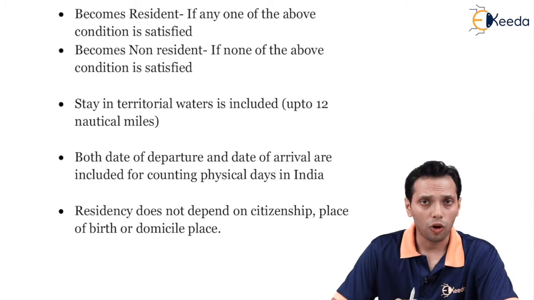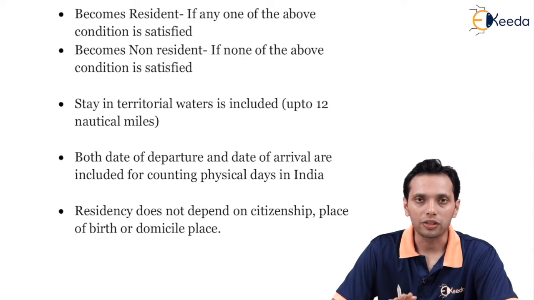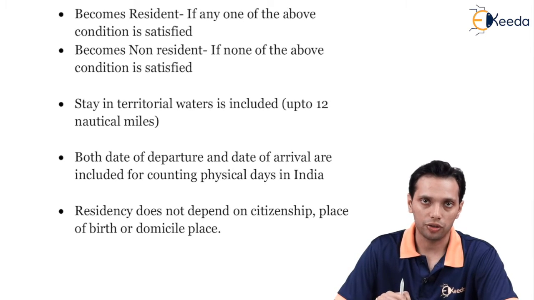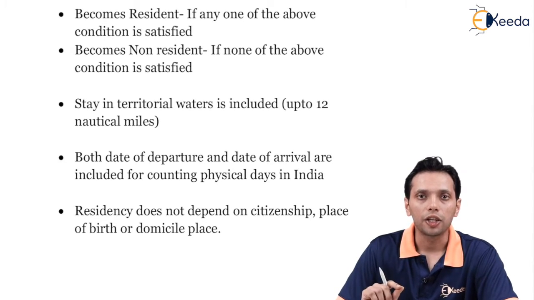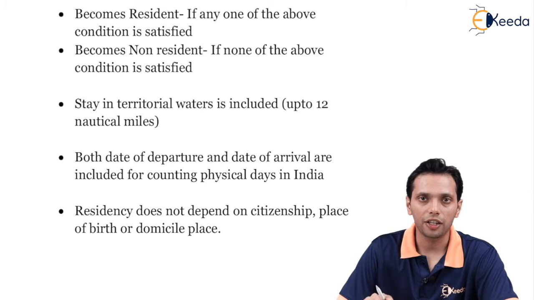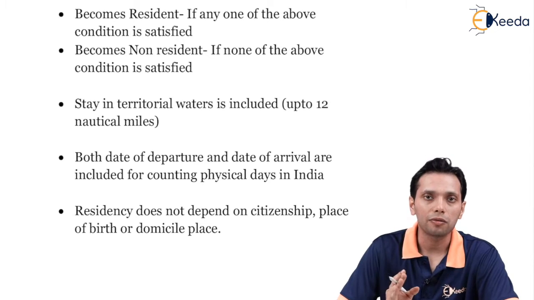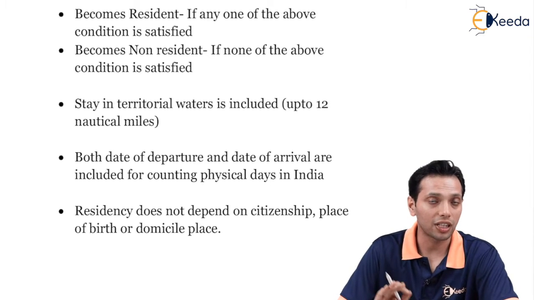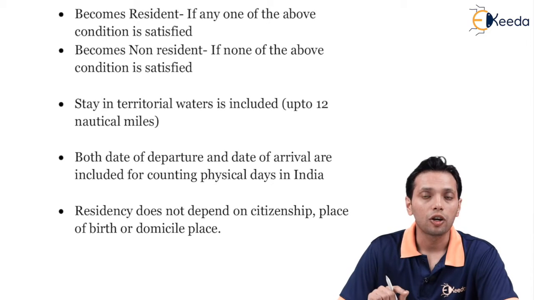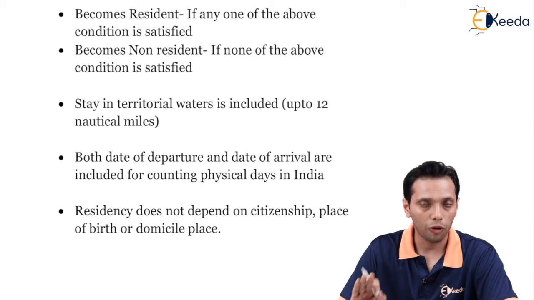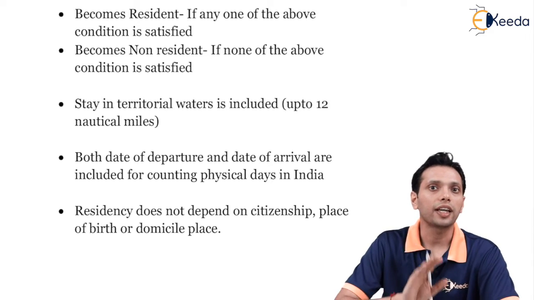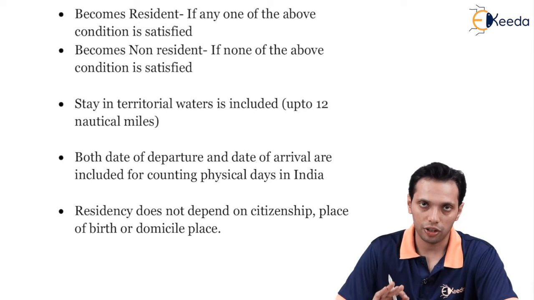So to qualify as RoR, a person should satisfy two conditions. Both the conditions should be satisfied. First is he should be physically present in India for 730 days or more in the 7 preceding previous years, and he should be qualifying as resident in at least 2 of the previous years in the preceding 10 financial years.